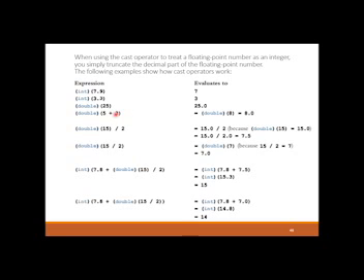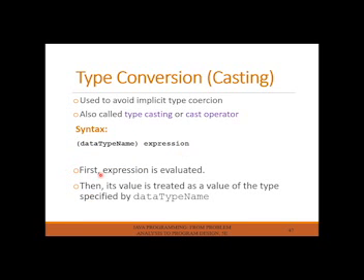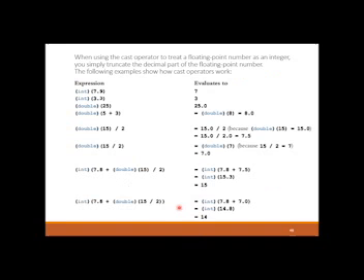Solve mo muna to. Evaluate mo muna, sabi dun sa process. Ulitin natin, first expression is evaluated. Then its value is treated as a value of the type specified by data type name. So una, evaluate mo muna yung nasa loob. 5 plus 3 is 8.